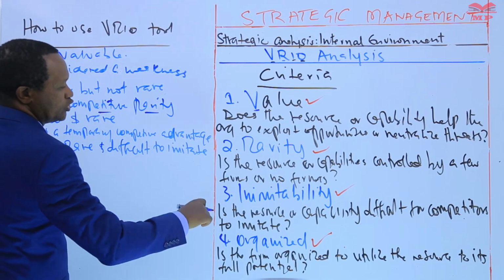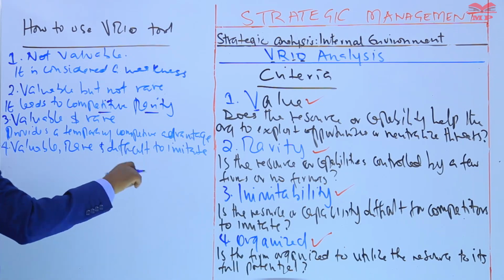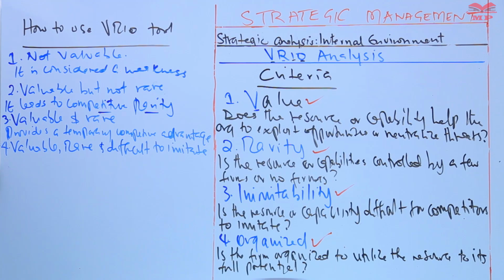You understand? That means not inimitable, difficult to imitate. Such a resource leads to sustained competitive advantage.